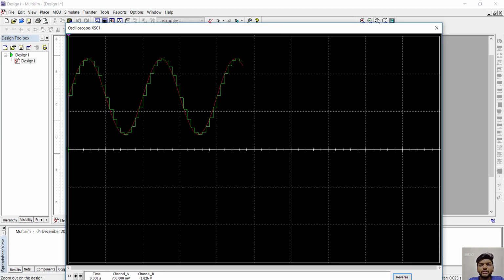Now, you can have an accurate signal in two ways. You either take more samples in a single cycle, or you increase the duty cycle of the on and off time. Duty cycle is the on and off time of the clock voltage.